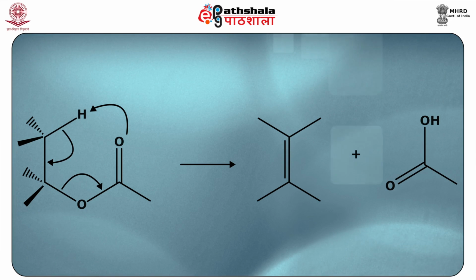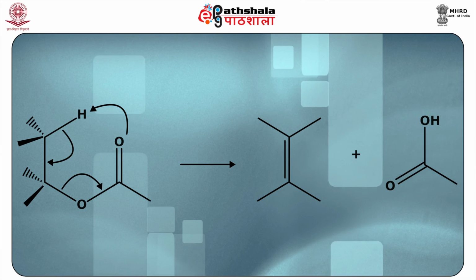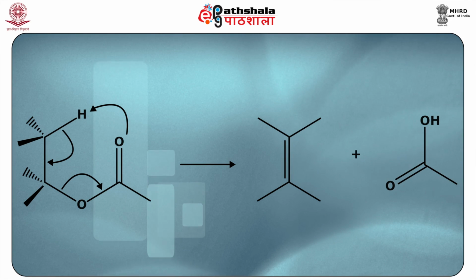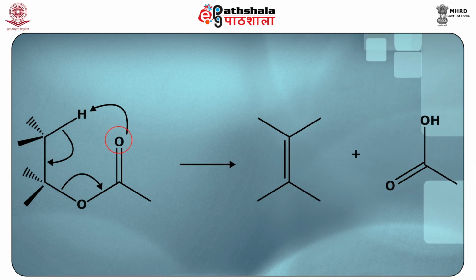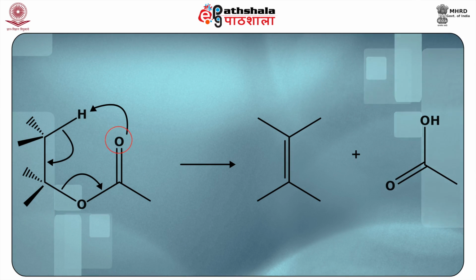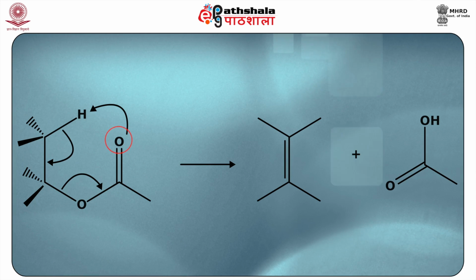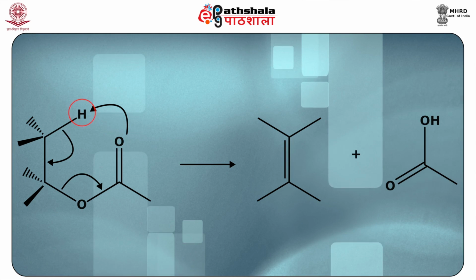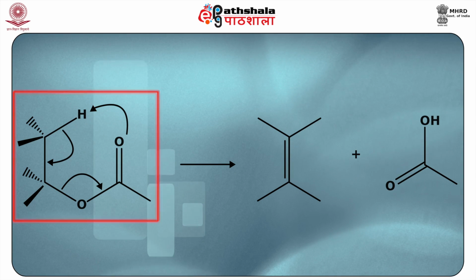And this happens via a cyclic transition state, whereby the carbonyl oxygen atom of the ester attacks the hydrogen in a cyclic form, ultimately forming a 6-membered ring.